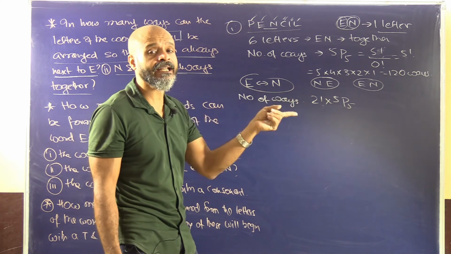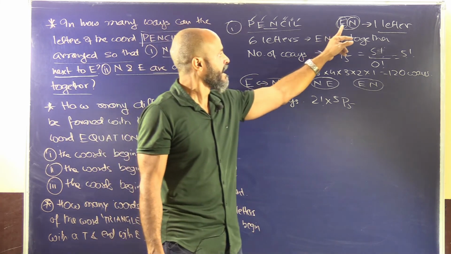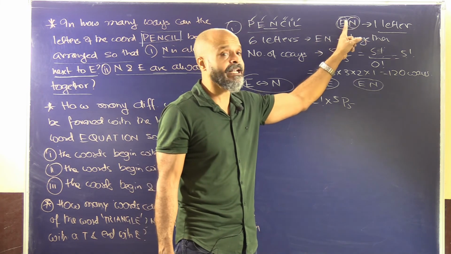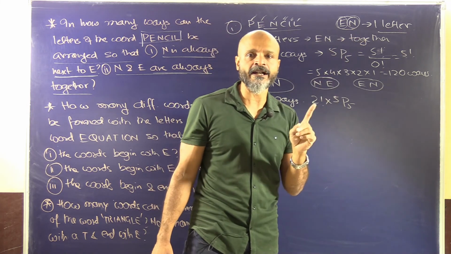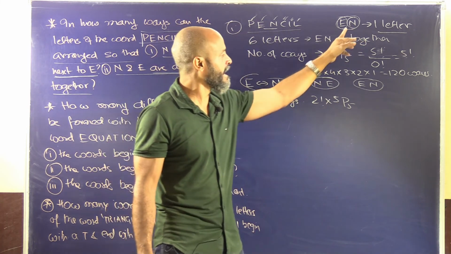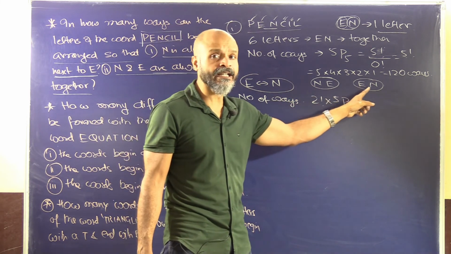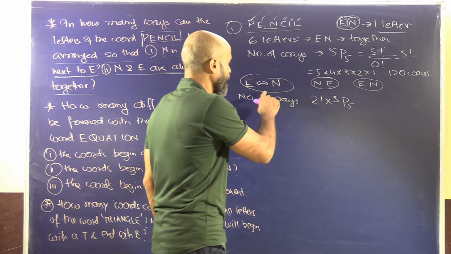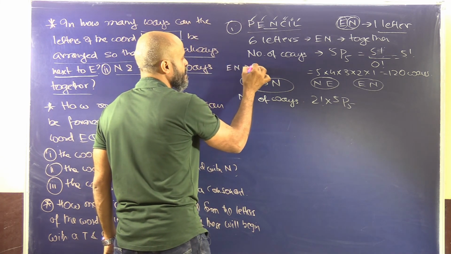Here n and e are together, but who is coming first has not been specified. In the earlier case, n is next to e, which means it has been specified that only one arrangement of en is possible, and hence we took them combined as one letter. Again the process here would be that e and n together are taken as one letter.